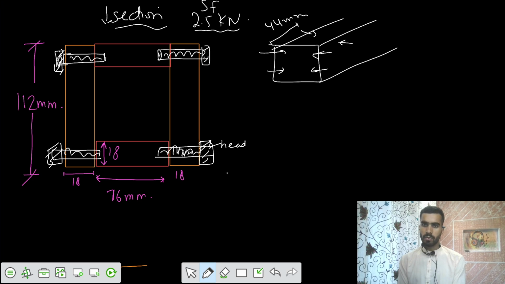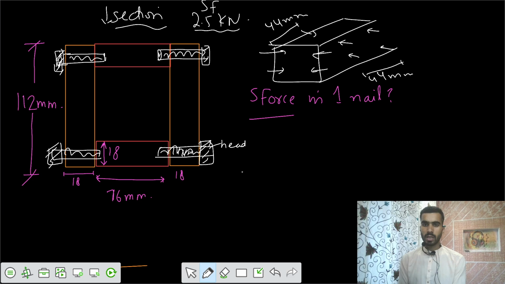That means after every 44 millimeter of the longitudinal span, I would drive those bolts. Now you need to get the shear force in one nail. How much shear force is in one nail?